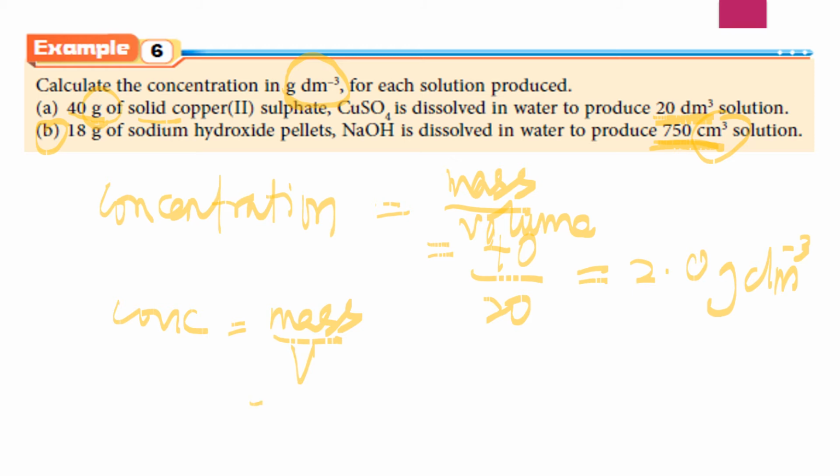The mass now is 18 over volume. Volume is 750. When you want to convert to decimeter cube, you divide by 1000, so you get 0.75 decimeter cube. So 18 over 0.75 decimeter cube is 24. The unit is gram per cubic decimeter.